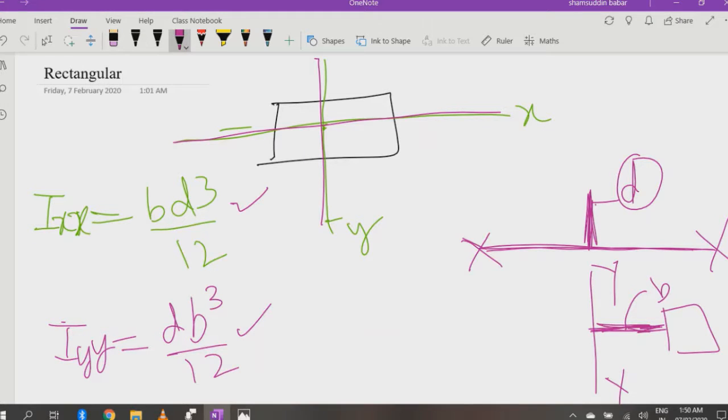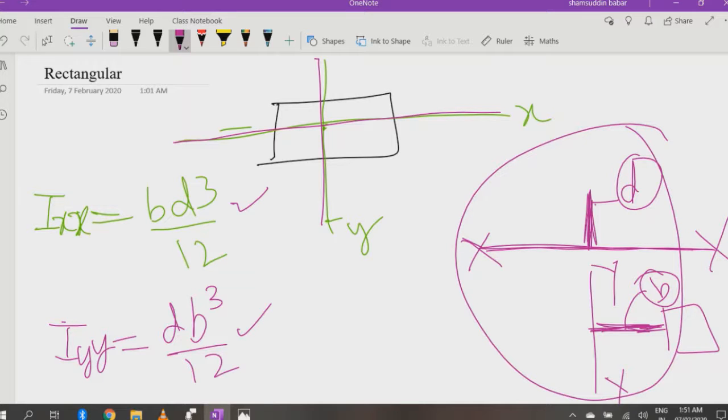So when we are finding the moment of inertia with respect to the y-axis, b is always more, and that's why the power of b is there. This is the short way I have told you to remember it. For the x-axis it's b d cube upon 12 and for the y-axis it's d b cube upon 12.